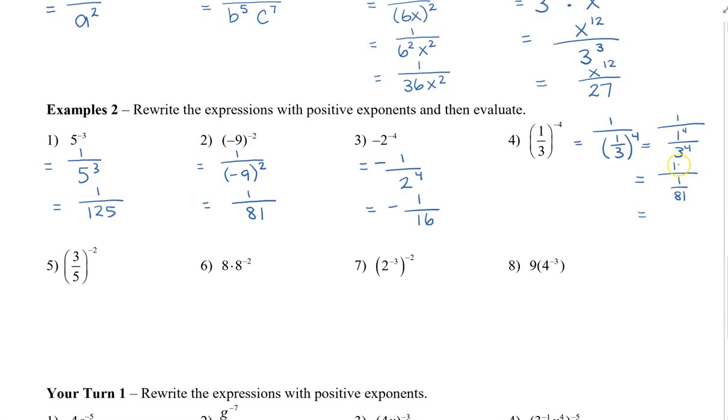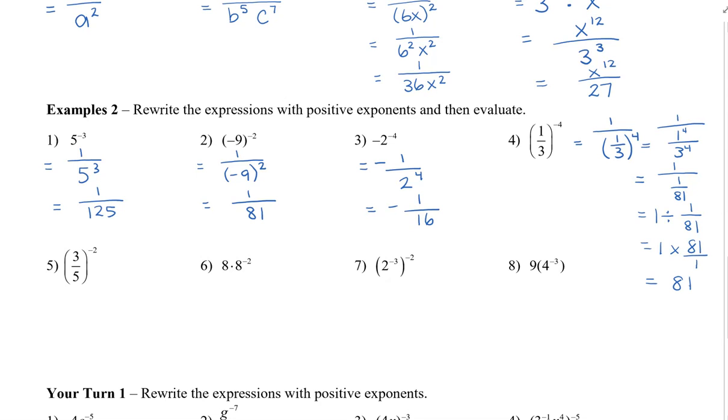But remember that this actually means 1 divided by 1 over 81, which is then 1 times 81 over 1, because when we divide a fraction, we multiply by the reciprocal, so this really is just 81.